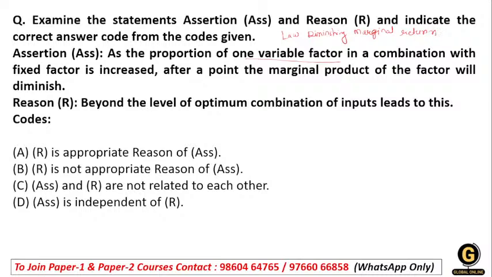In the assertion they say, correctly, that an increase in the proportion of the variable factor in combination with the fixed factor will, after a certain point, lead to diminishing marginal return. So when we talk about the proportion of one variable factor in combination with a fixed factor increasing, after a point the marginal product of the factor will be diminishing.